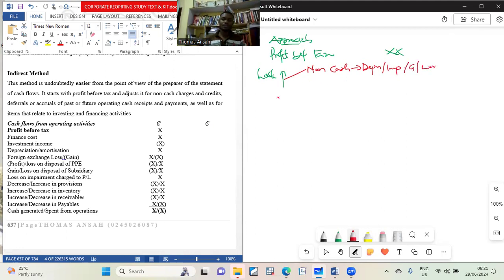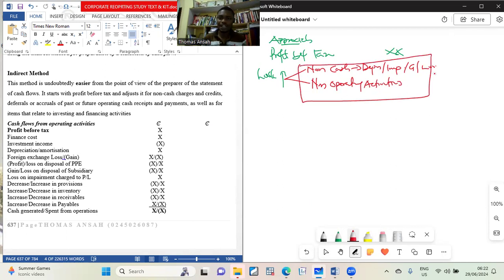These are all non-cash. Then you are also looking out for non-operating activities. You use these to adjust the profit.